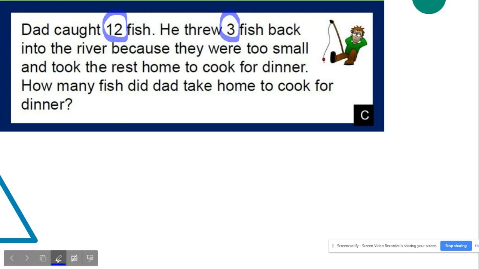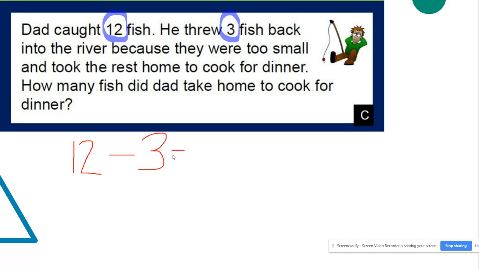So we start with the total. Dad had 12 fish. He threw 3 back into the water. So take away 3 from those 12. So minus 3. And we know he took 9 home for dinner.